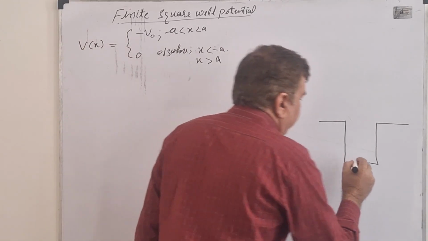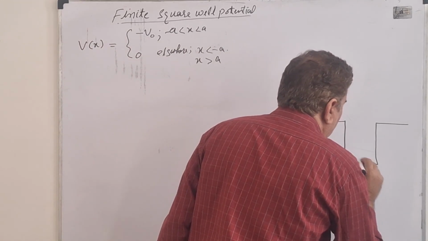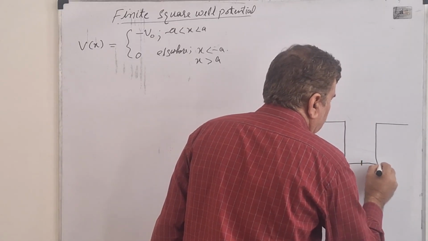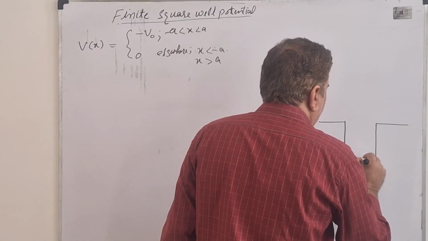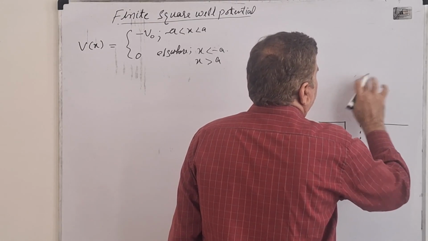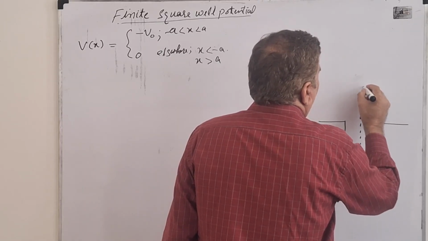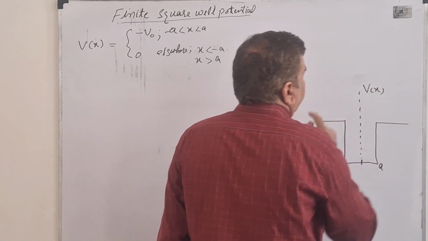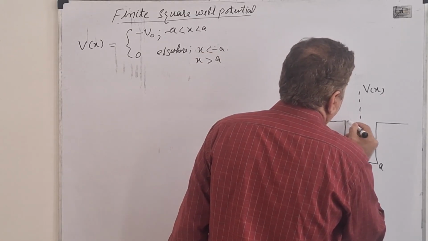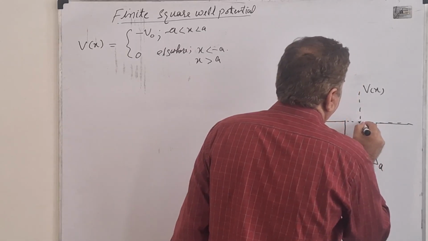This point would be minus a and this would be a. We are taking our coordinate system in such a way that the vertical line represents V(x), the potential in one dimension, and exactly at this level is the origin of our coordinate system.